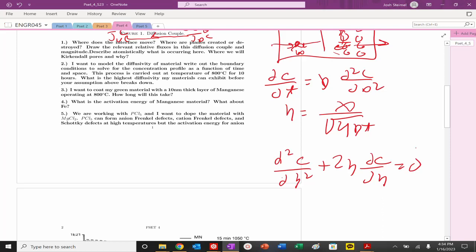Let's double check for one second that we have that correctly. There's always a minus sign that I occasionally get wrong.